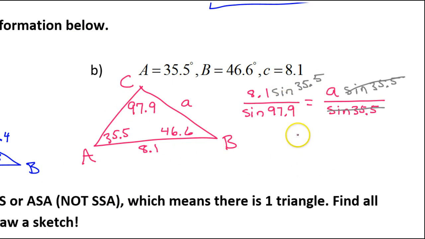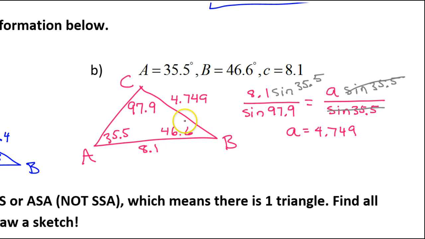All right, I am getting that side A is 4.749. Okay, so actually I think I'll go ahead and just erase this, and I have now found that this is 4.749. Had to round up.